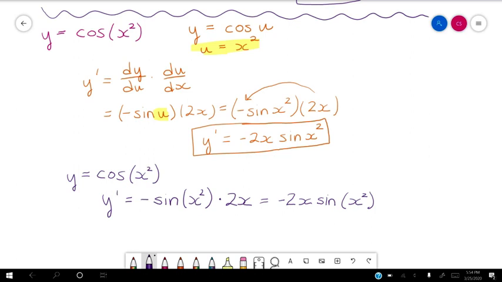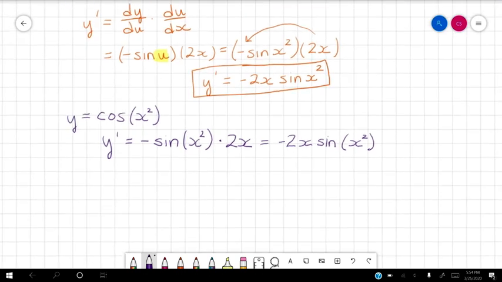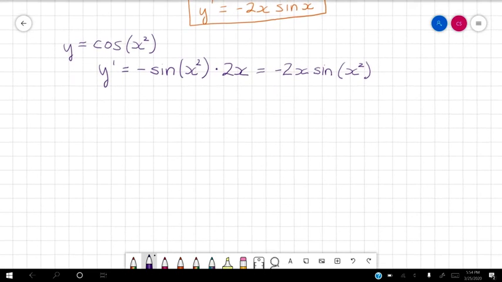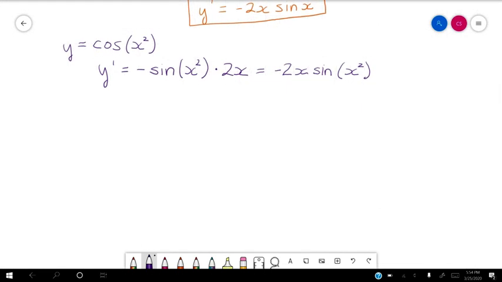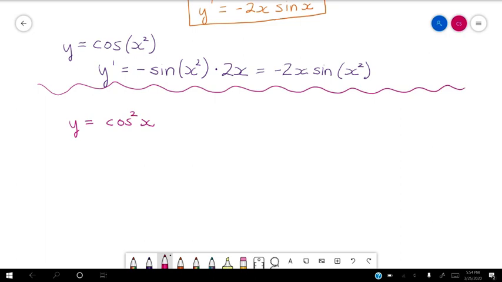Okay, so let's do another example and then you guys can try some on your own. Let's take a look at another function, a little bit different. Instead of cosine of x squared, let's have it be cosine squared of x. Cosine squared of x, and we're going to differentiate, we're going to find y prime.